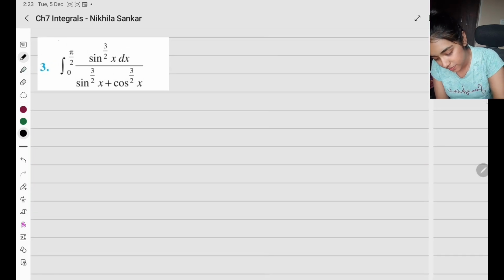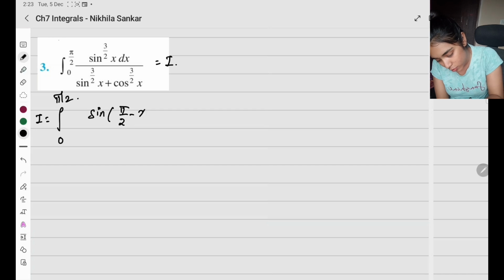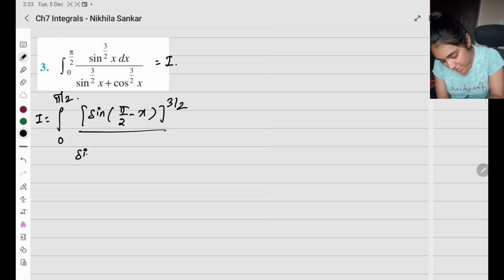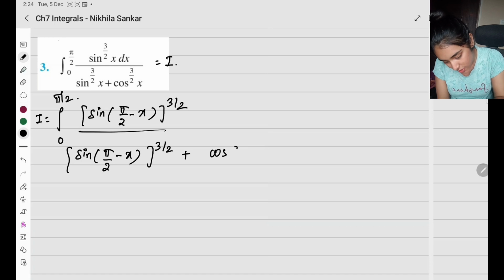So, I have, according to the property, I equals, this is also my I equals 0 to pi by 2 times sine of x ku badala pi by 2 minus x to the power 3 by 2 divided by sine of pi by 2 minus x to the power 3 by 2 plus cos of pi by 2 minus x to the power 3 by 2. என்ன பண்றேன்?